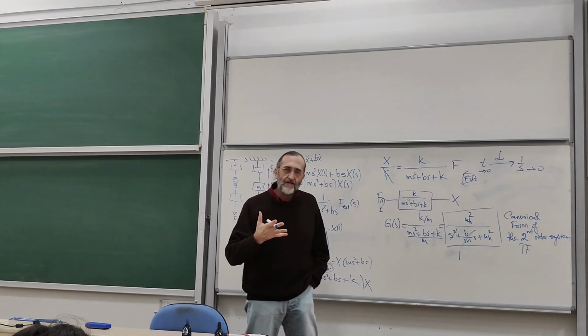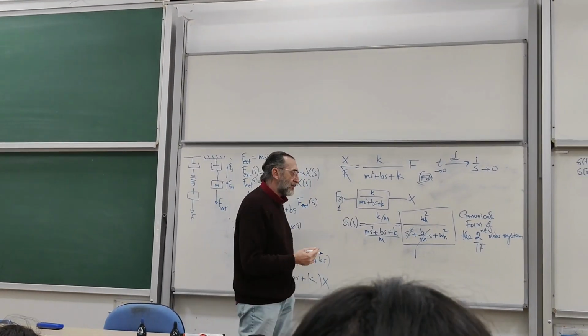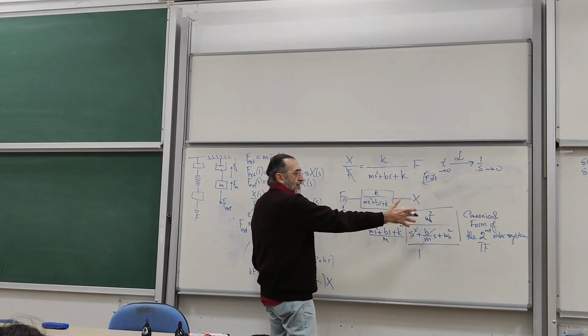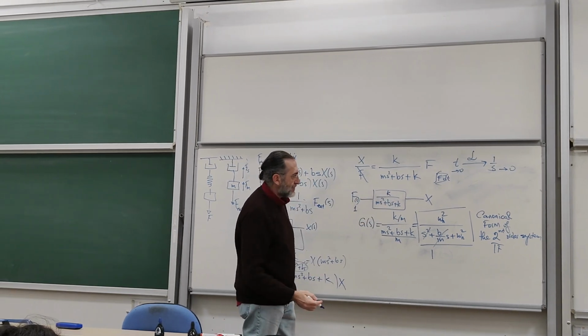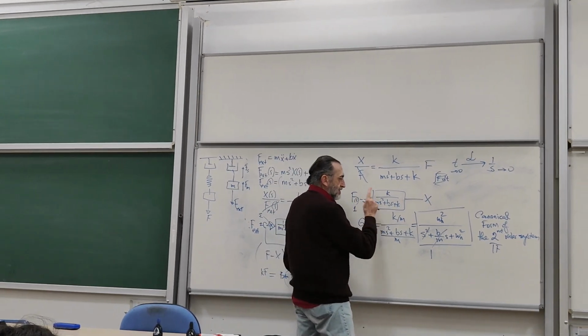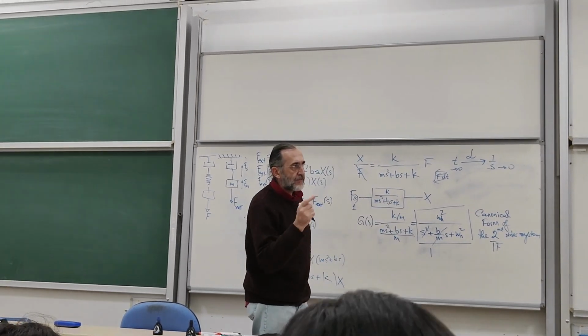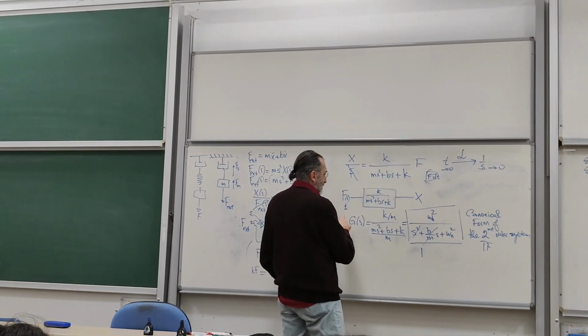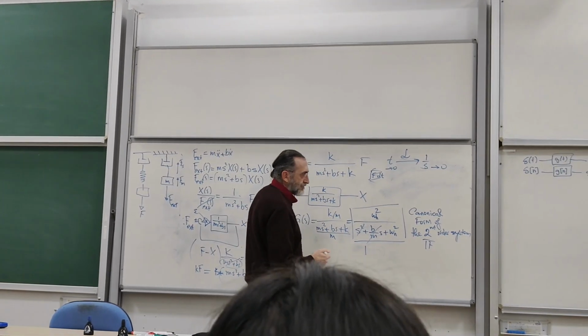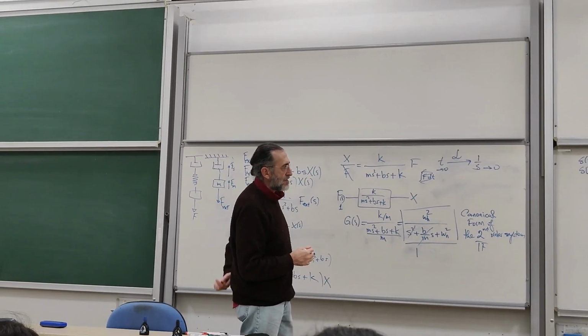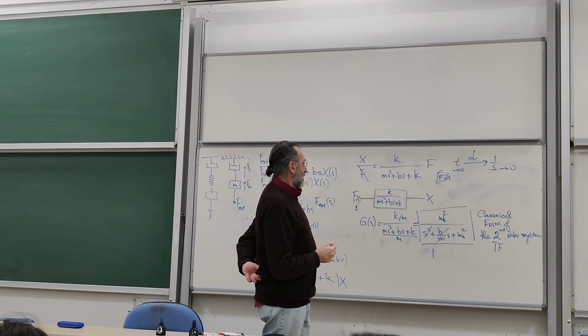So we normalize the transfer function so that the steady state response to the unit impulse is 1.